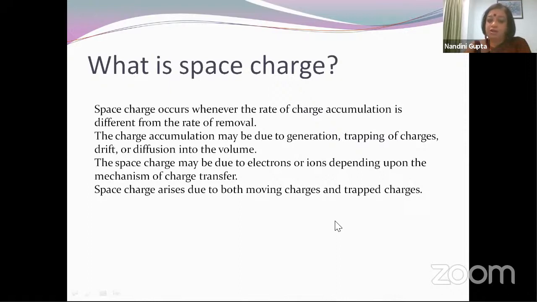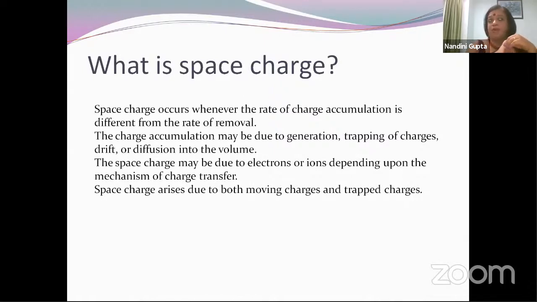So space charge accumulates faster than it can be removed. Where does this charge come from? If you're going to accumulate charge, charge has to come from somewhere. Charge can come from several sources. Charges can be injected into the material from the electrodes. They can be generated within the material through chemical processes or through ionization processes.